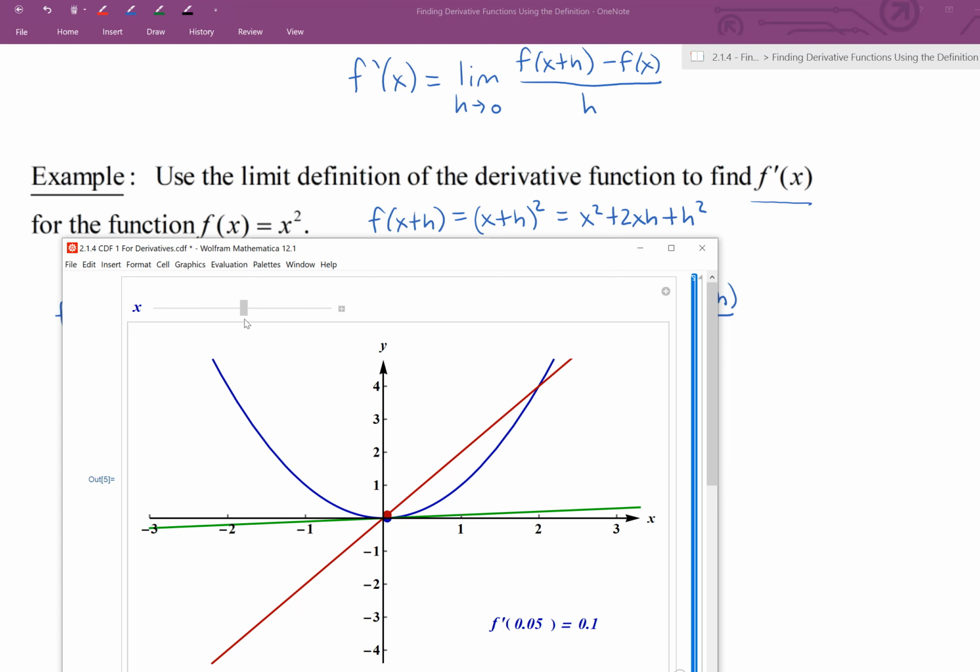But as we can see, the value of the derivative function, which is 2x here, is close to 0. And if you think of the tangent line to x squared, the green graph here, what's the slope of that line? Well, as I get close to 0, that line seems to be horizontal, so that slope is 0.